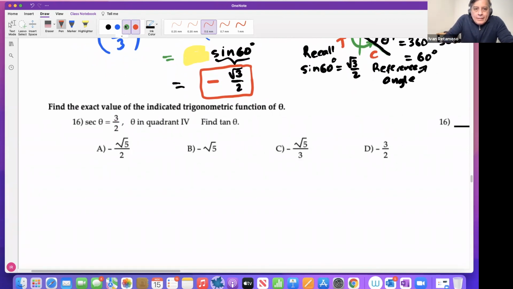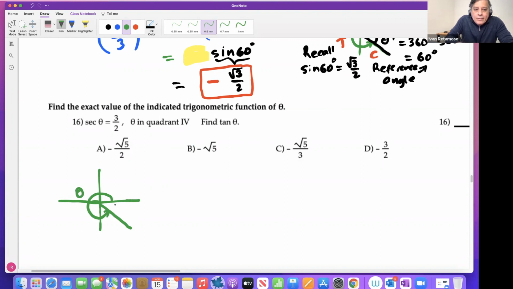As a hint, I can give you this information. We don't have to figure out where the angle is, because they are saying that the angle is in the 4th quadrant. So the angle is here, somewhere there. This is theta.